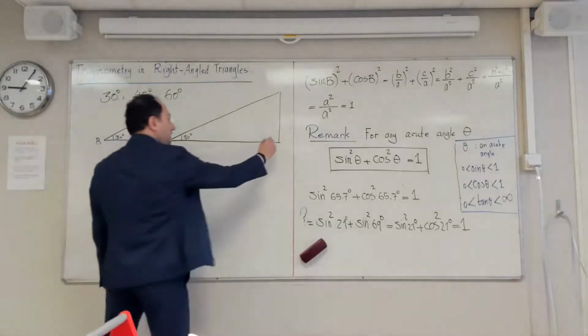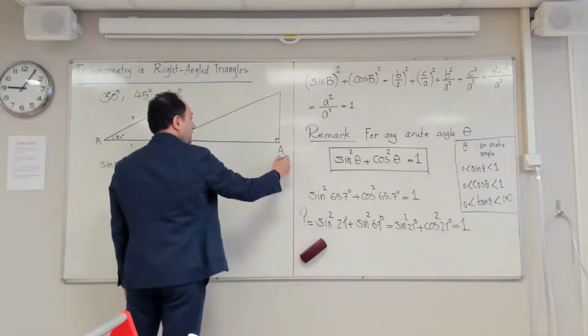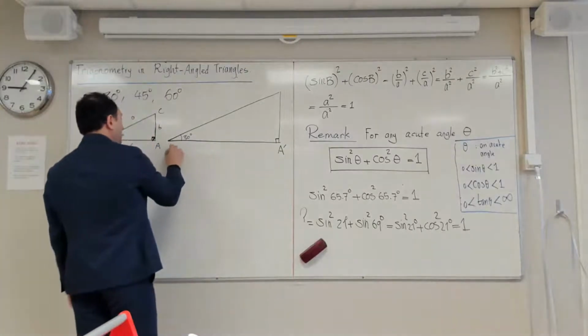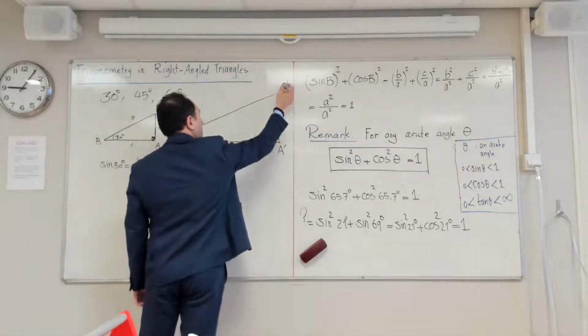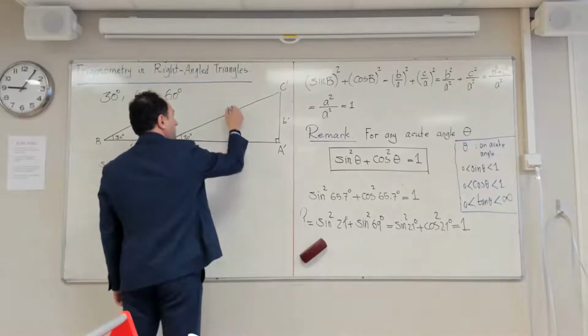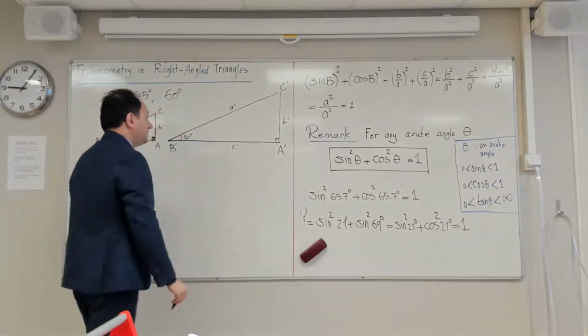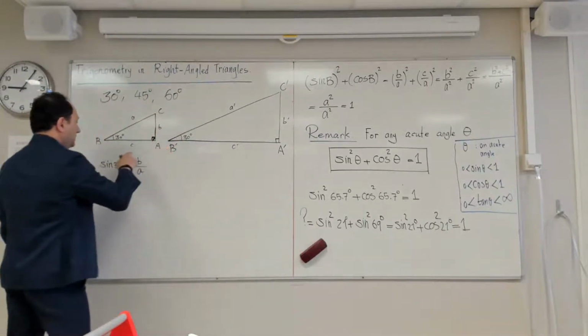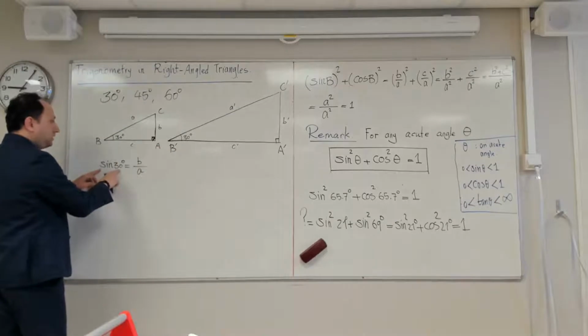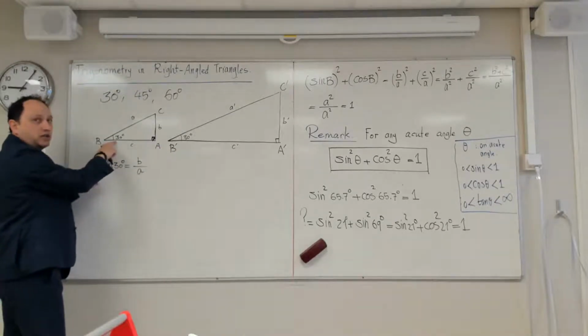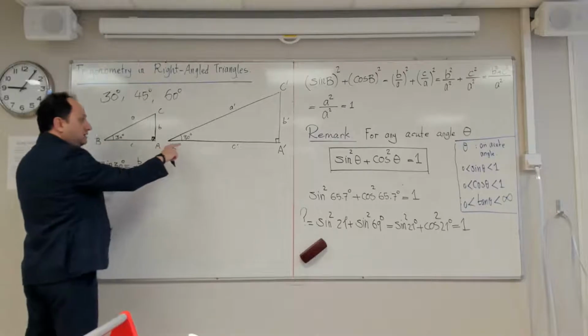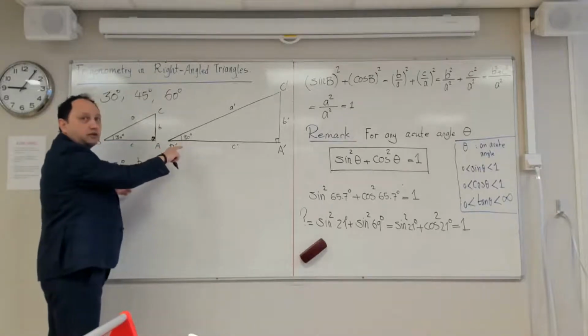Okay, and then let me call this A prime, B prime, and C prime. And then, of course, this becomes B prime, A prime, C prime. So if I ask you to calculate sine of 30, one of you might draw this triangle, someone else draws this triangle, yes?